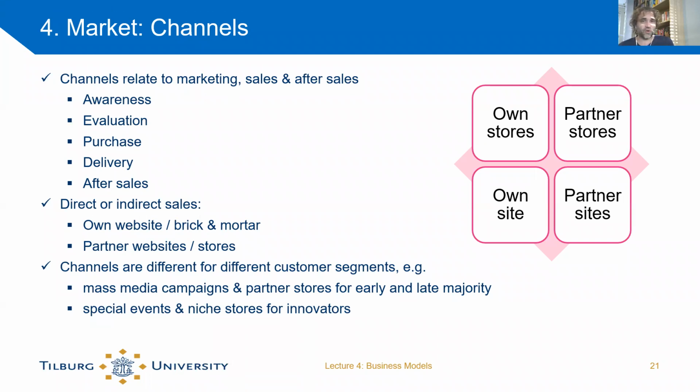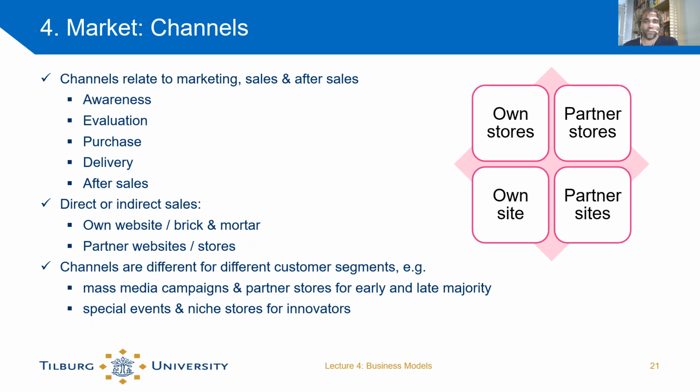So what kind of sales do you have, related to the purchase part of the channels. If you're a bakery in a village, then it is simple. You have your own store and you sell your product in your own store, period. But it may be more complicated. You can sell your product in your own stores, but you can also have partner stores.